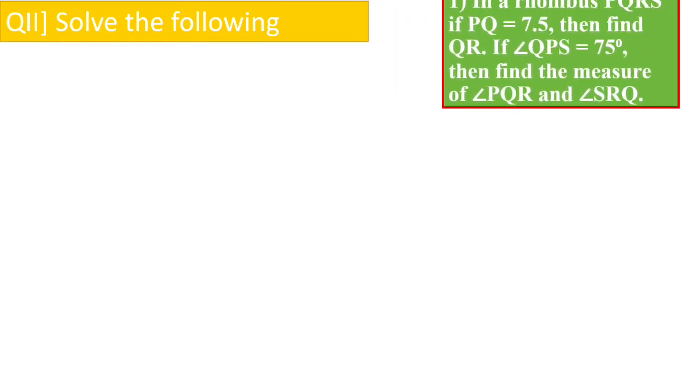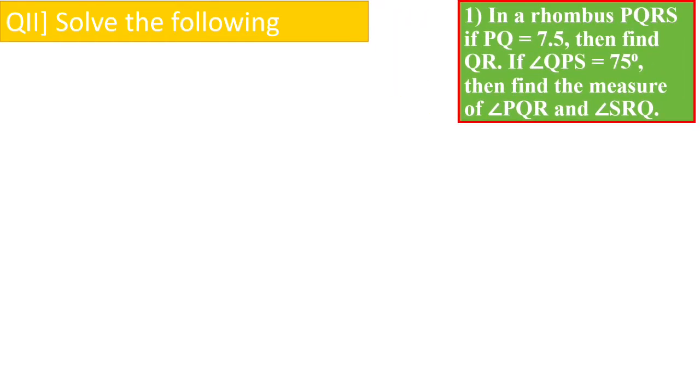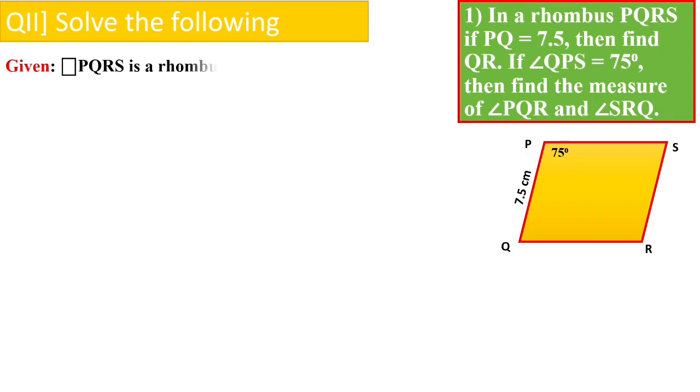Question number 2 is given. Solve the following. And the first question is given. In a rhombus PQRS, if PQ is given 7.5 cm, find QR. If angle QPS is 75 degree, find the measure of angle PQR and angle SRQ. First of all, we will write the given information.